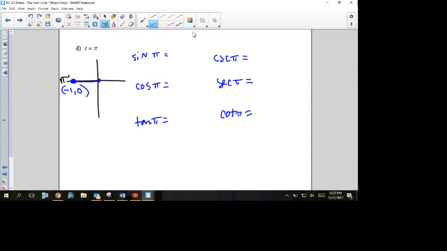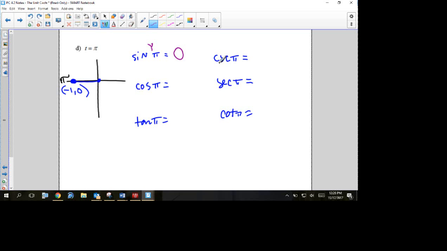Sine of pi is y. What is y? 0. Cosine is what? When you say things, you remember better. Cosine is the x.